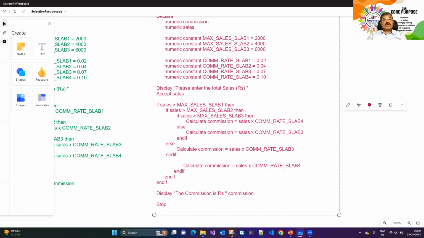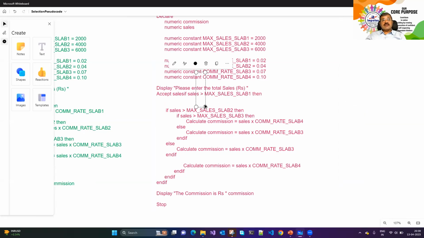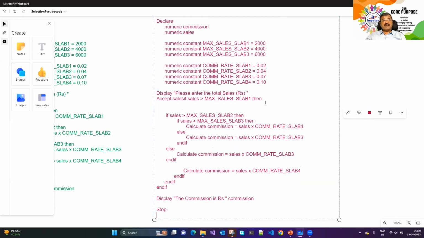But it could so happen the first condition itself is false. Sales greater than 2,000, that condition itself is false. That's also a possibility.